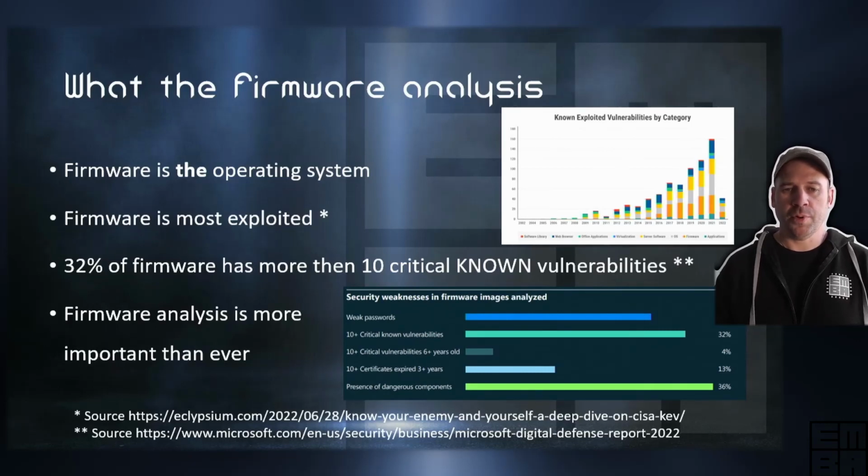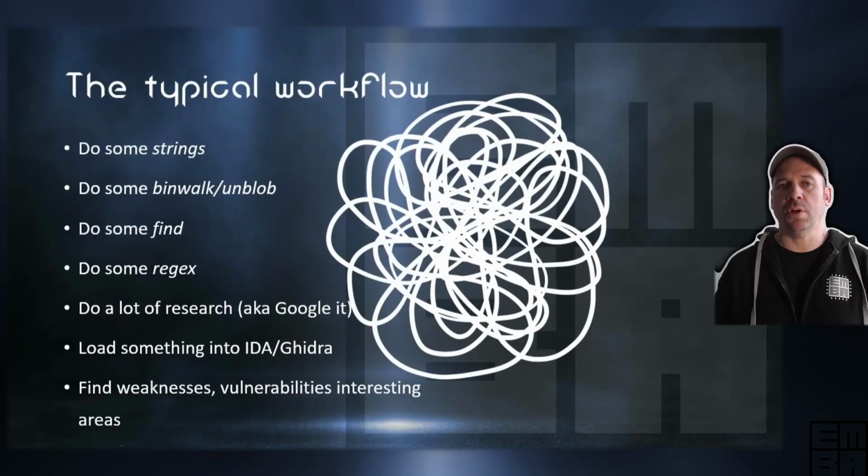And 4% have critical vulnerabilities which have been known for the last 6 years. So from our perspective, firmware security at all, and especially firmware analysis, is more important than ever before.